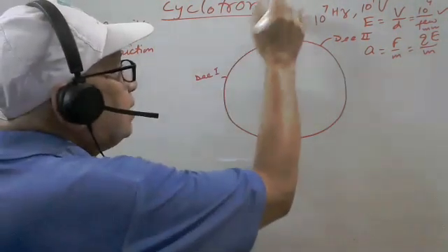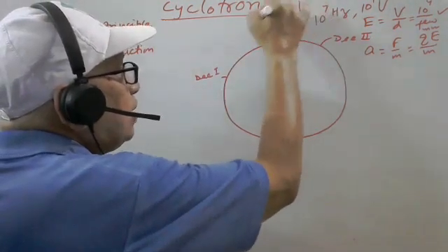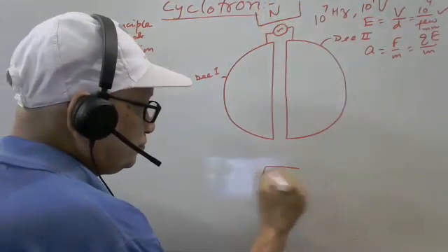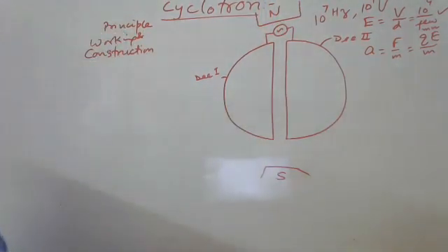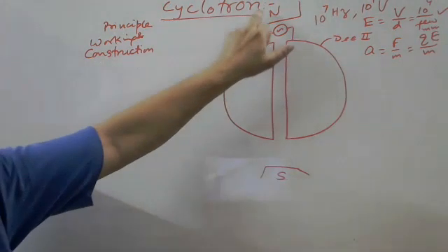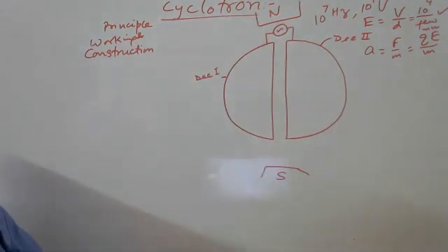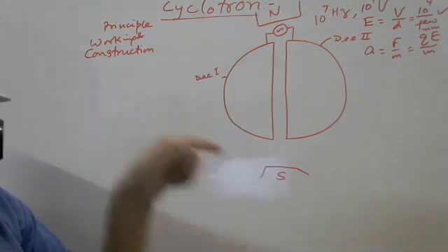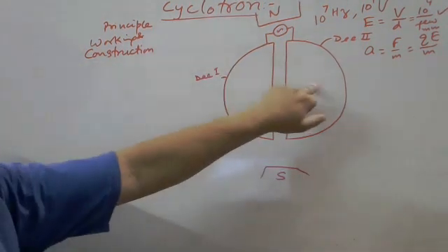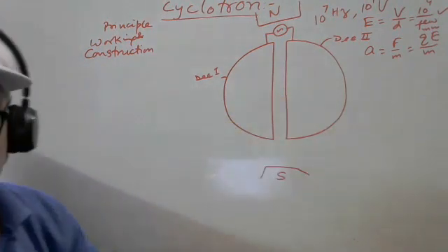Now this is the magnetic field here, say North Pole and South Pole. It means here at the North Pole and South Pole, there is a magnetic field vertically downward, and these two Ds are in a horizontal plane.